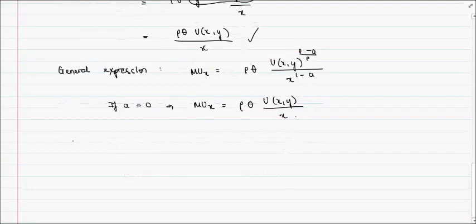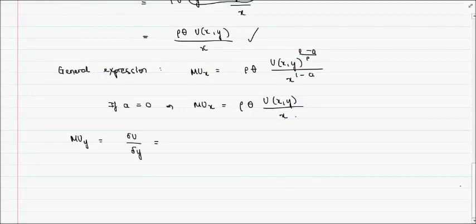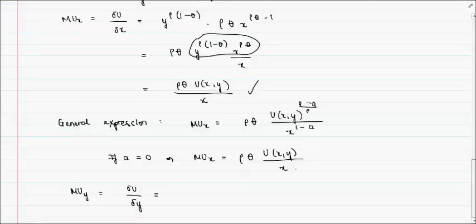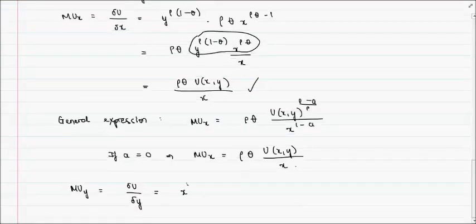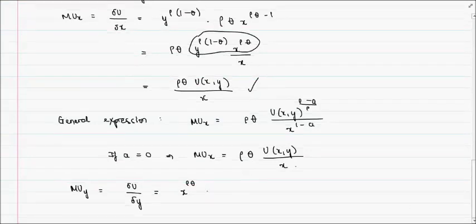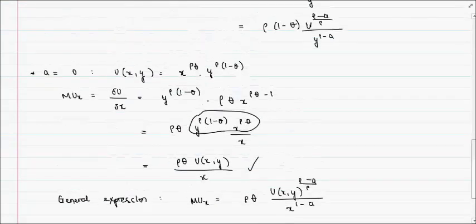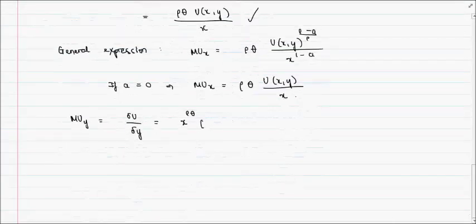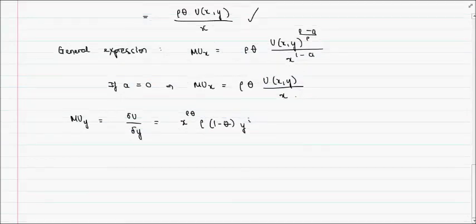Okay, so very similar for marginal utility of y, which is differentiate the utility function with respect to y, and so we're treating x as constant, so we got x to the power of rho theta remain the same, and y, we differentiate y with respect to y, we get rho 1 minus theta y to the power rho 1 minus theta minus 1.